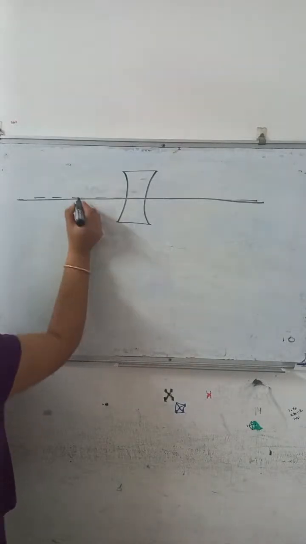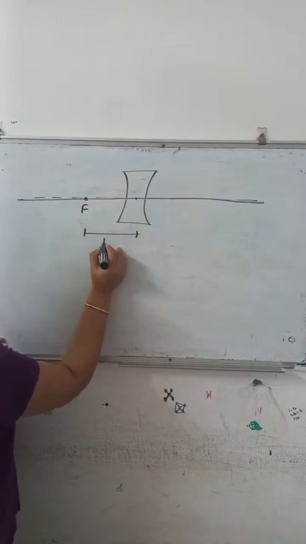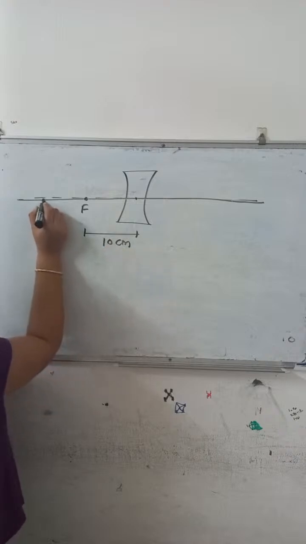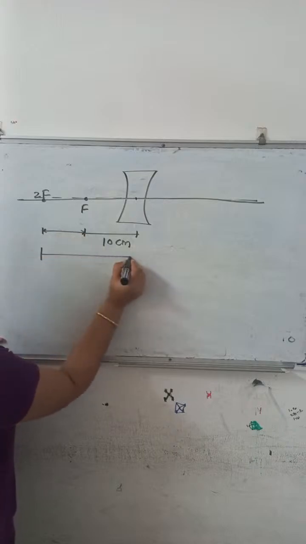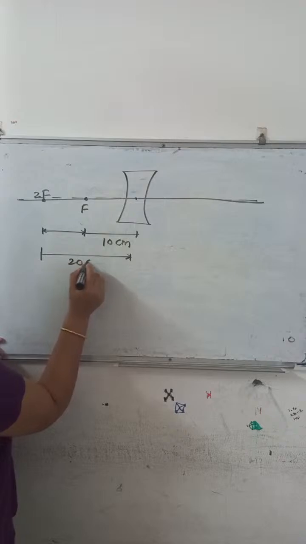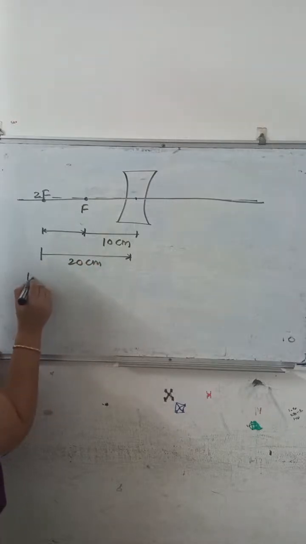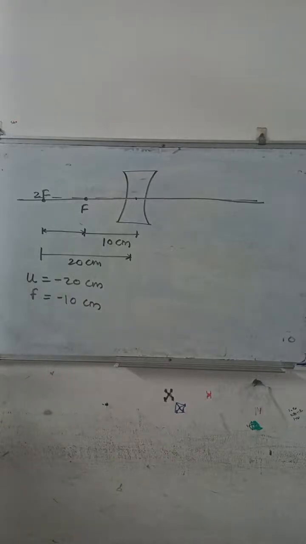Here we have a focus F, and from the optical center the focal length is given 10 centimeter, and the object is kept at 20, that means it is kept at twice F. So U is minus 20 centimeter and F is minus 10 centimeter. This is the given quantity. It's very simple. If you read the problem properly, then you will get 50% of the things.